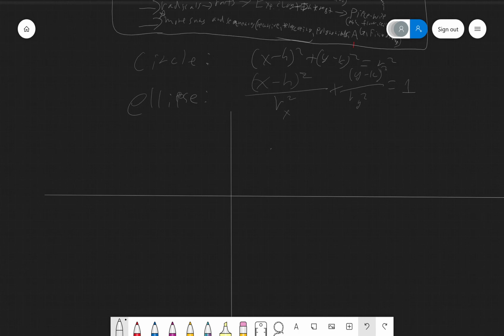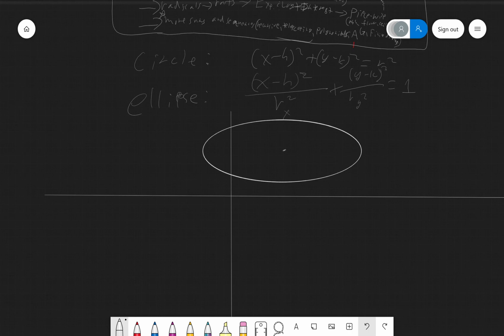So let's say this is the center of a circle, or of an oval, or an ellipse. An ellipse looks something like that, right? In this case, the middle is around right here. Now, there are actually two radii.